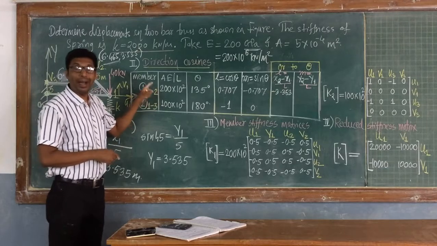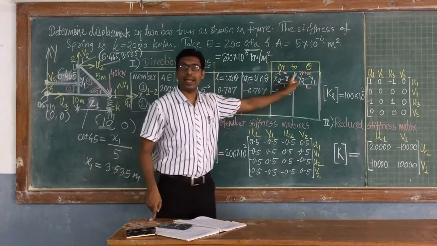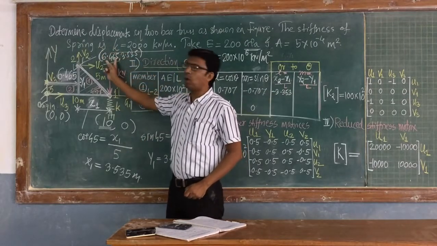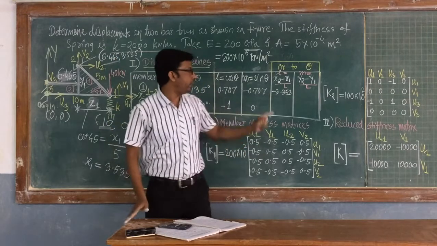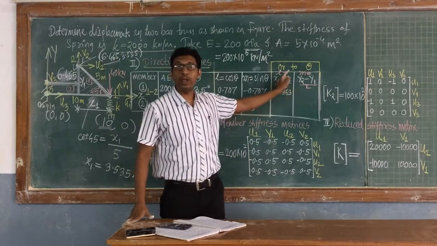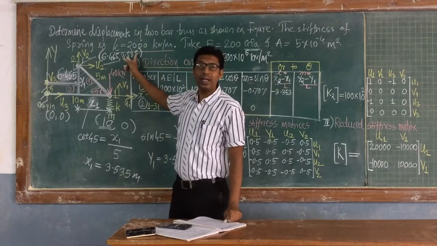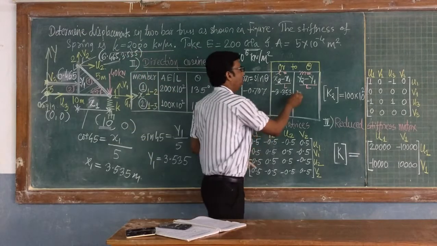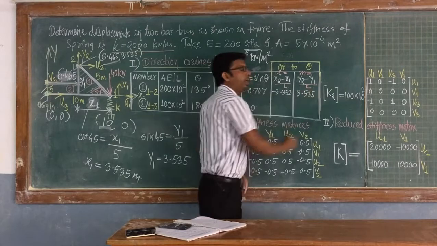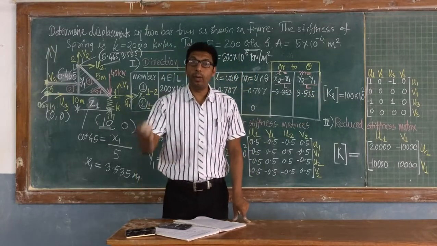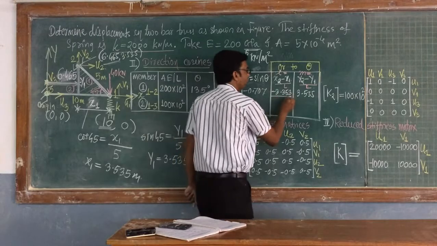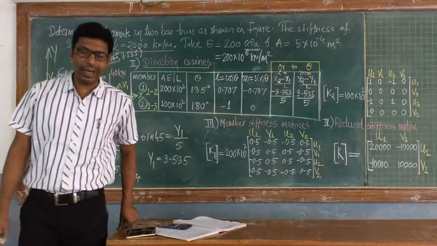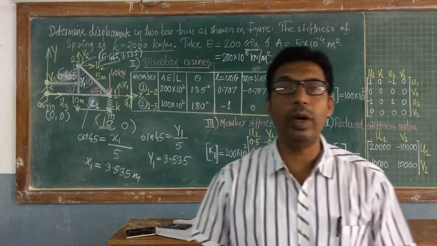So coordinates of 2 minus coordinates of 1 means x2 minus x1 and y2 minus y1. This is only x2 minus x1. Then y2 minus y1 is 3.535 minus 0. Each is divided by L: x2 minus x1 upon L and y2 minus y1 upon L.